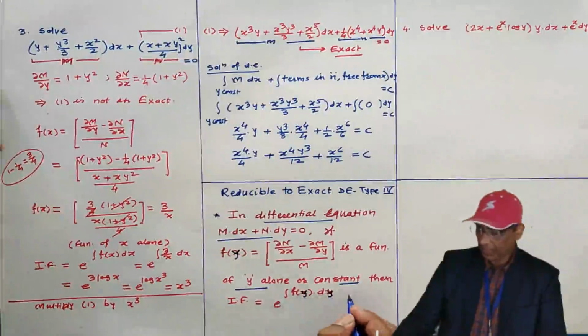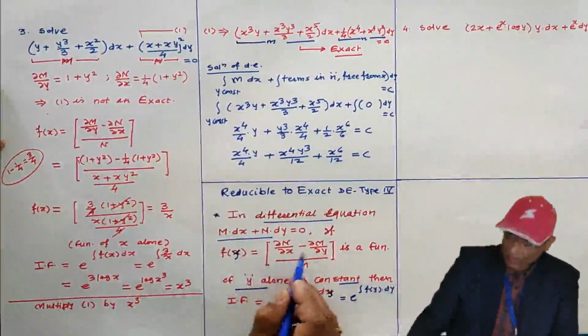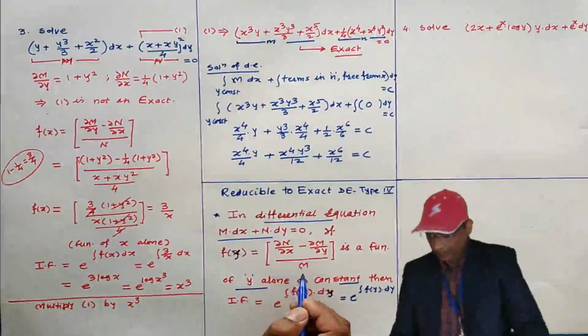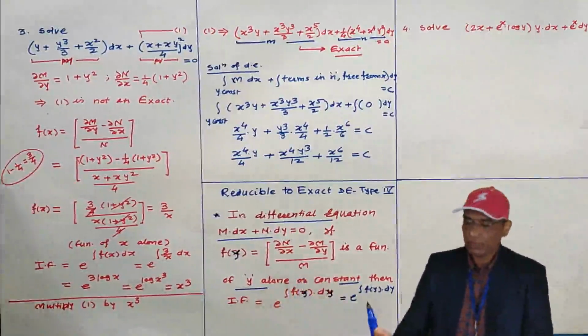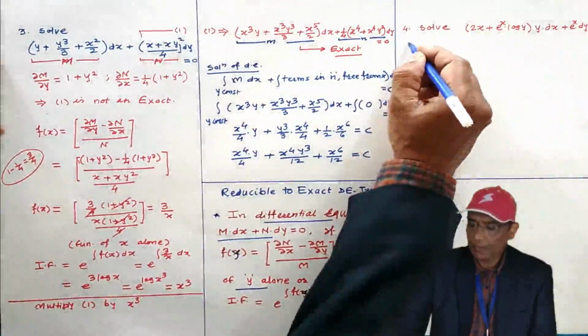Once again, I write e power integral of fy dy. If fy is a function of y alone or a constant, then you can use this integrating factor. Here, we are going to solve this problem.